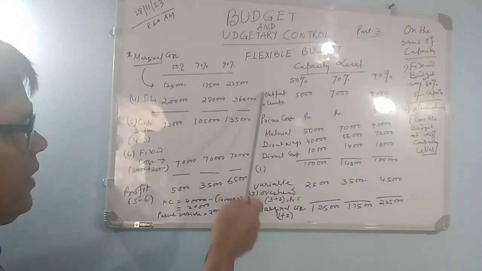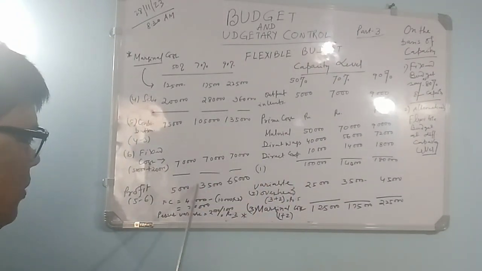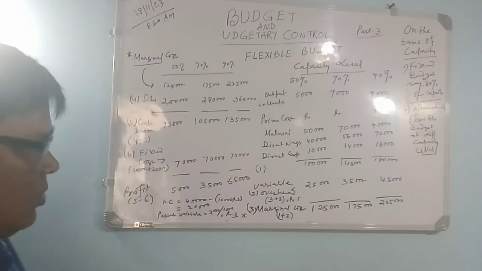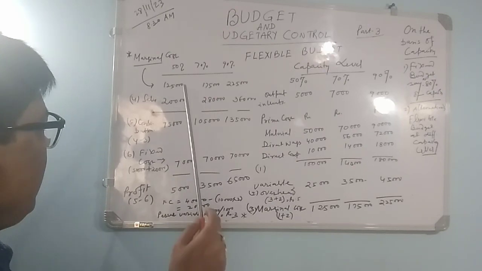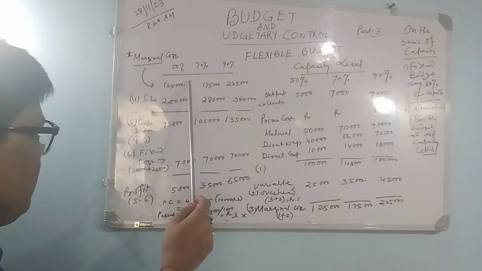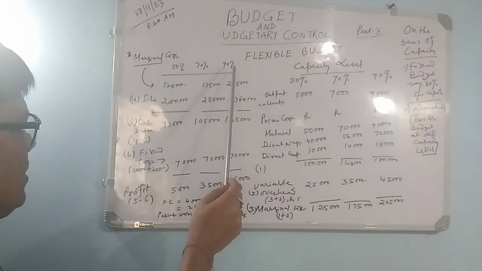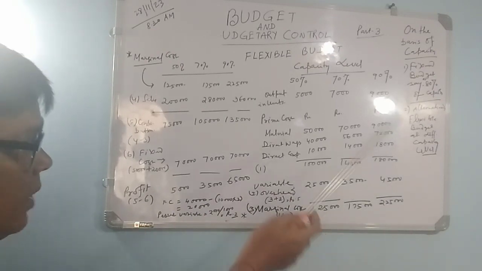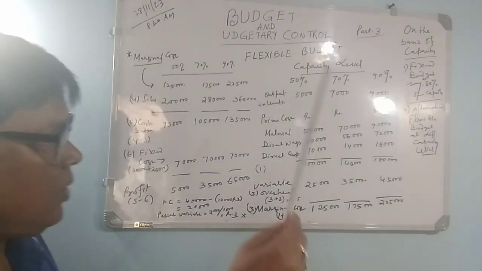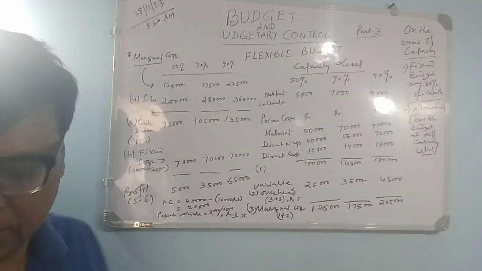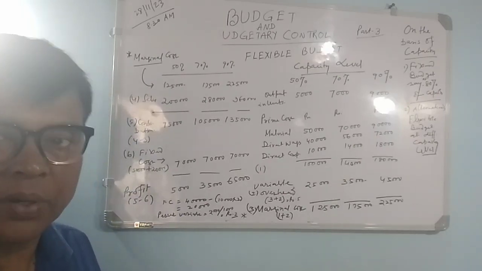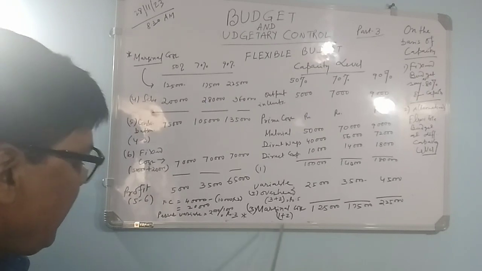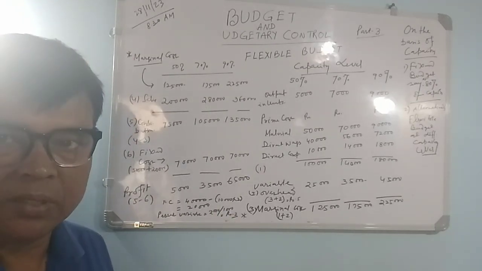Suppose you could reach only the 50% level, your profit would have been restricted to only 5,000. Now here you have three options available: the 50%, 70% or 90% capacity level. Because of the flexibility, you can properly utilize the semi-variable overhead for its fixed portion and at the same time its variable portion.